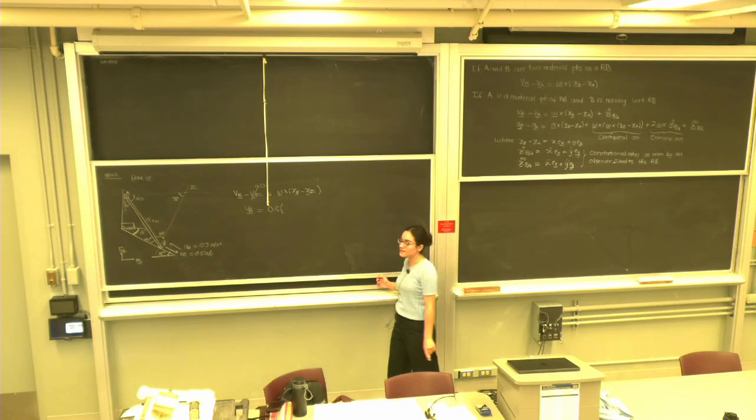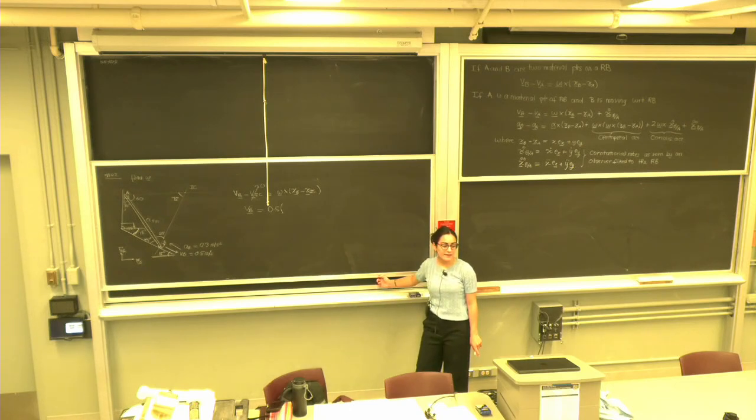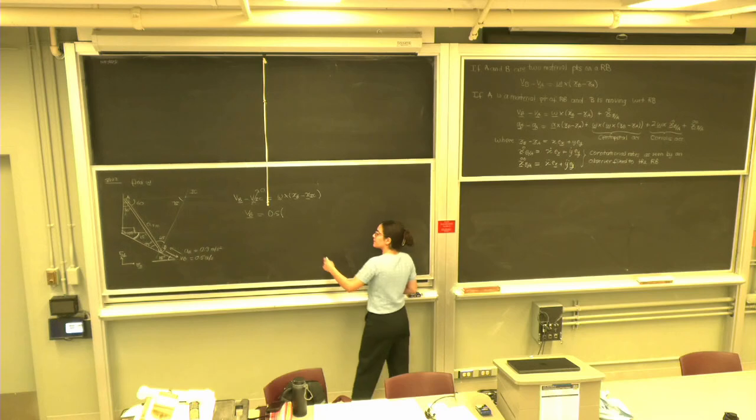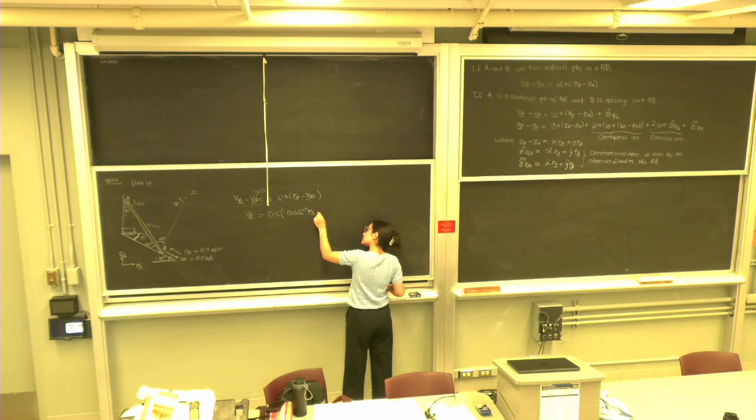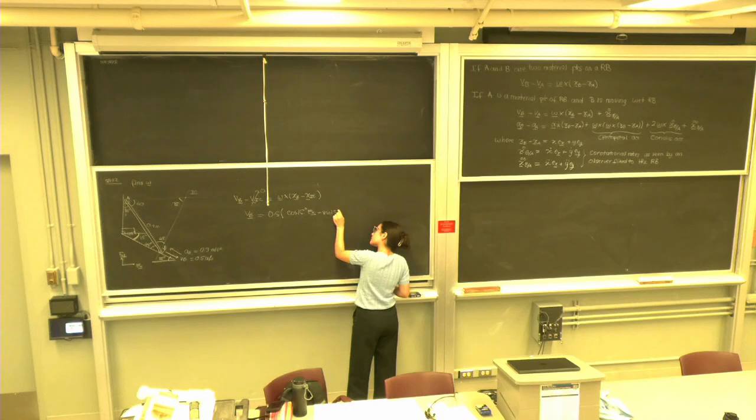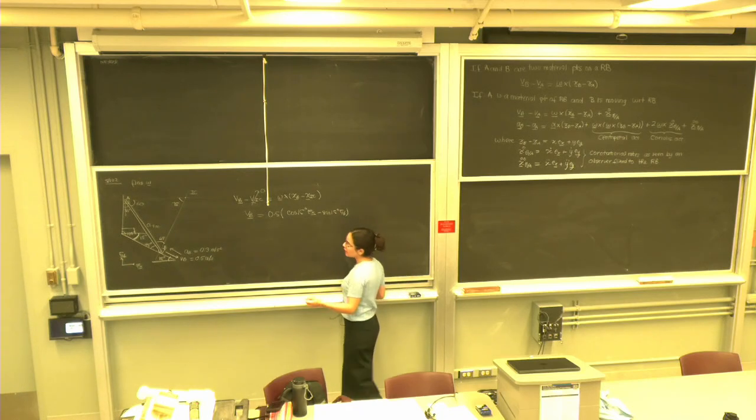There's a small mistake in there. Minus the EY. Okay, that's VB. And omega is along EZ.